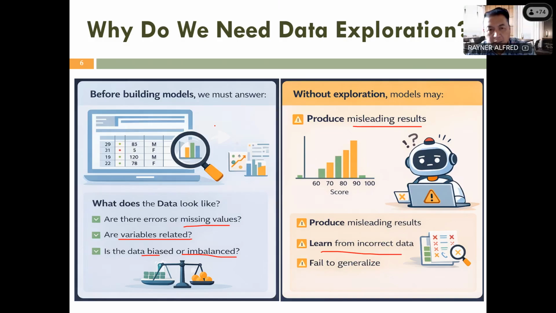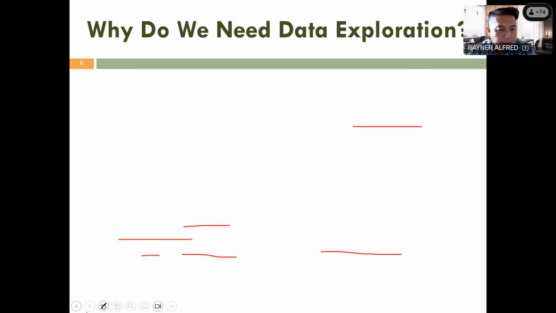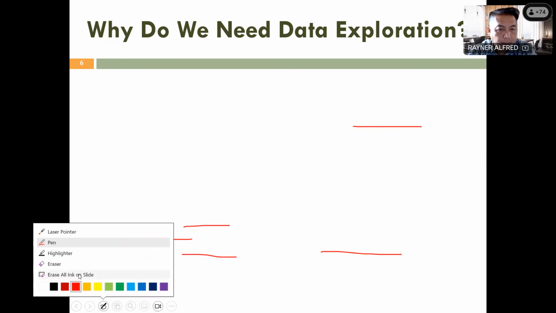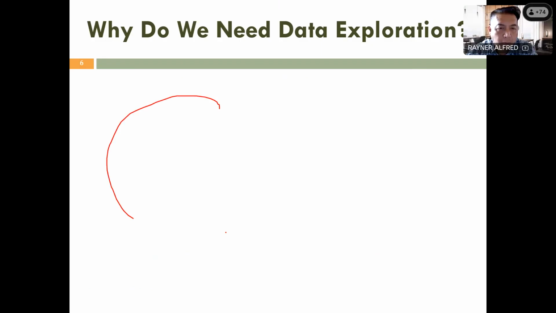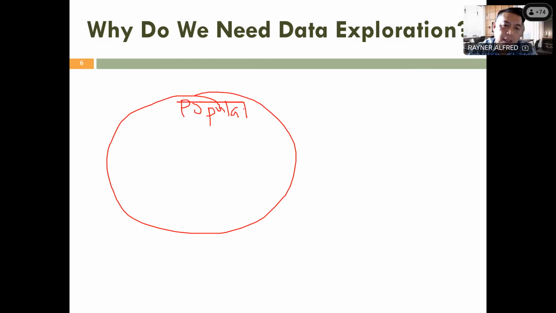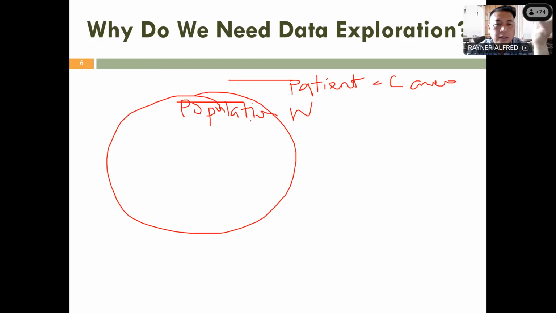Let me erase this one. When we have the whole population, this is the population of your data set. For instance, these are all the patients for cancer. This is the population for the whole world. But since you cannot get all the data, you want to get only a sample here.